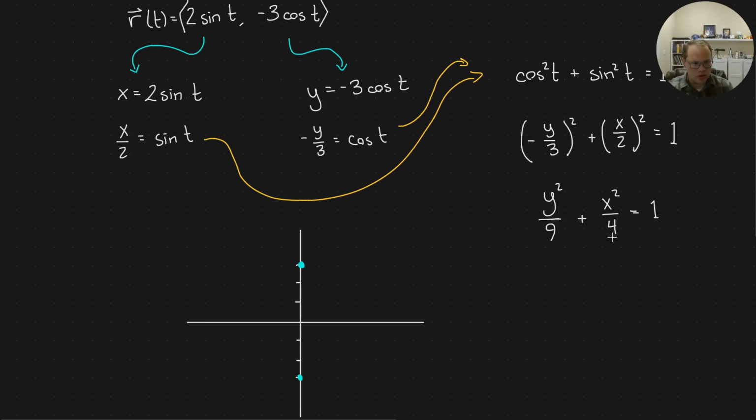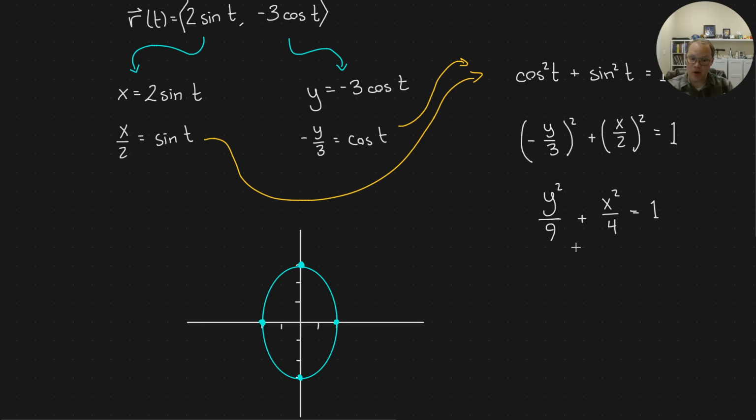And from the origin, I'm going to go 2 units out in the x direction, left and right. And I'm just going to draw the ellipse that goes through all 4 points. There's my ellipse. The only thing left to do now is draw arrows to describe the orientation.